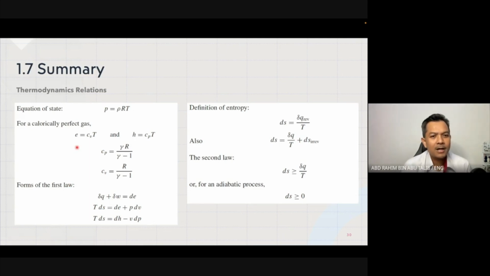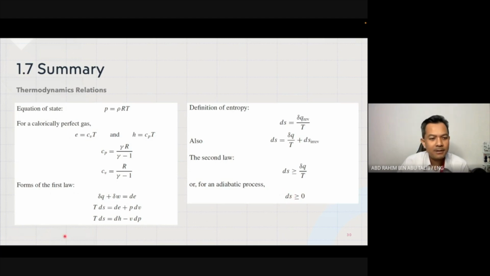As a summary, this is also taken from the Anderson book. We have thermodynamic relations. Make sure that you are familiar with the equation of state. For a calorically perfect gas, the energy is equal to CvT and the enthalpy equal to CpT. The expressions for Cp and Cv form the first law of thermodynamics, followed by the definition of entropy and the second law of thermodynamics, for an adiabatic process.